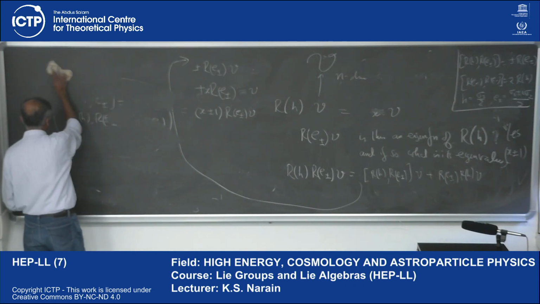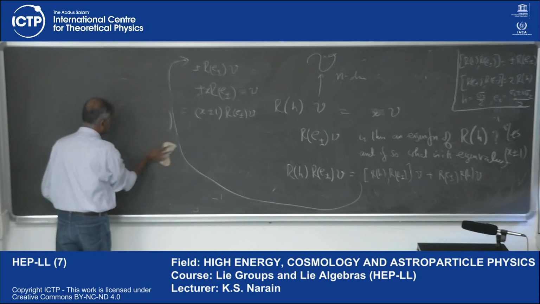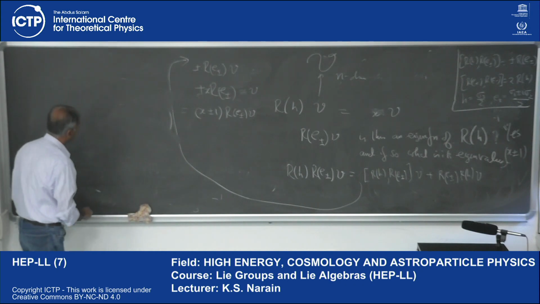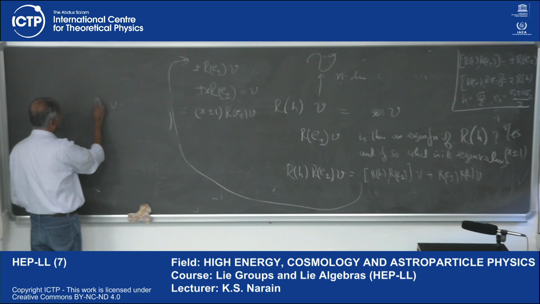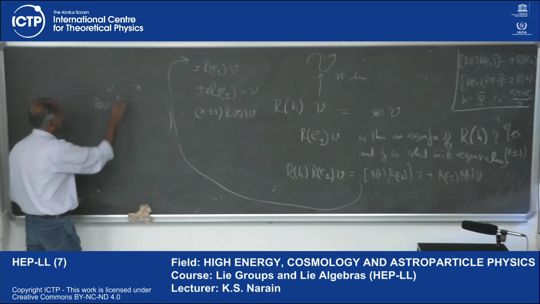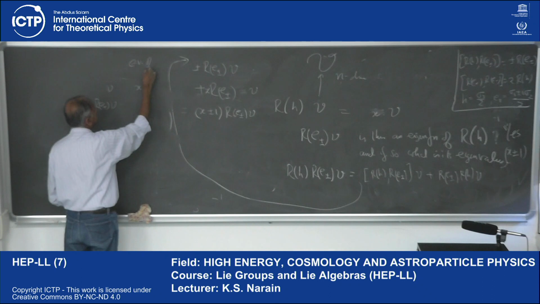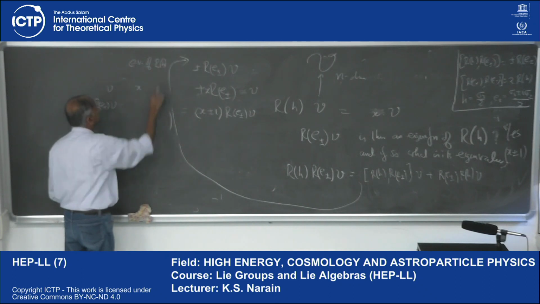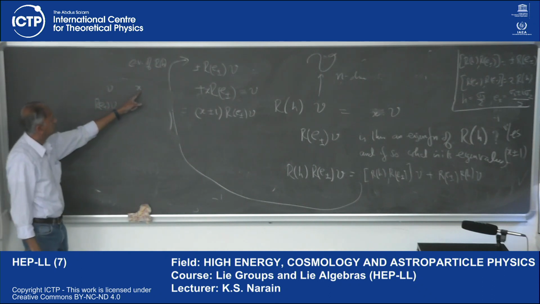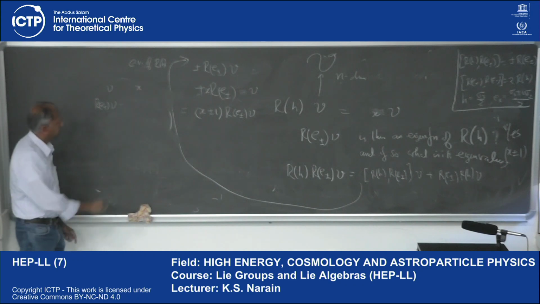Okay, now what we do is, I start from this vector. First I apply RE plus. So let's look at that. This was the eigenfunction with the eigenvalue x of RH.